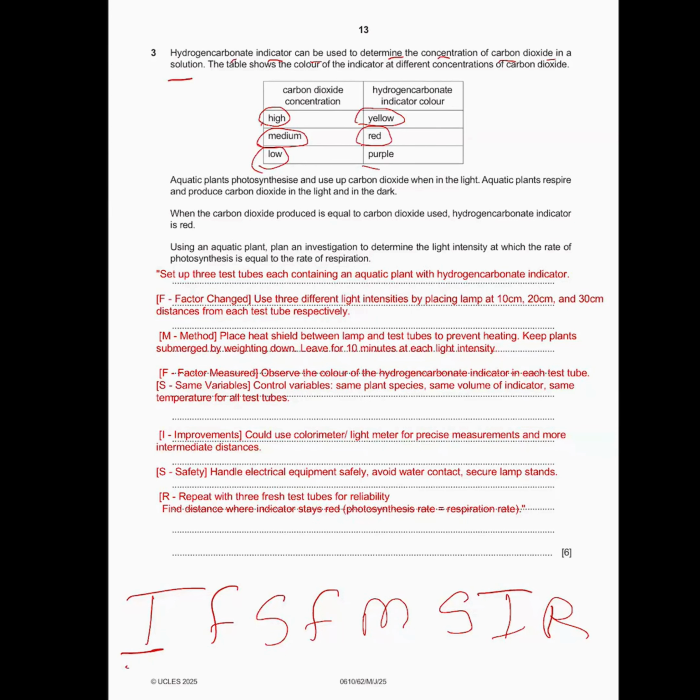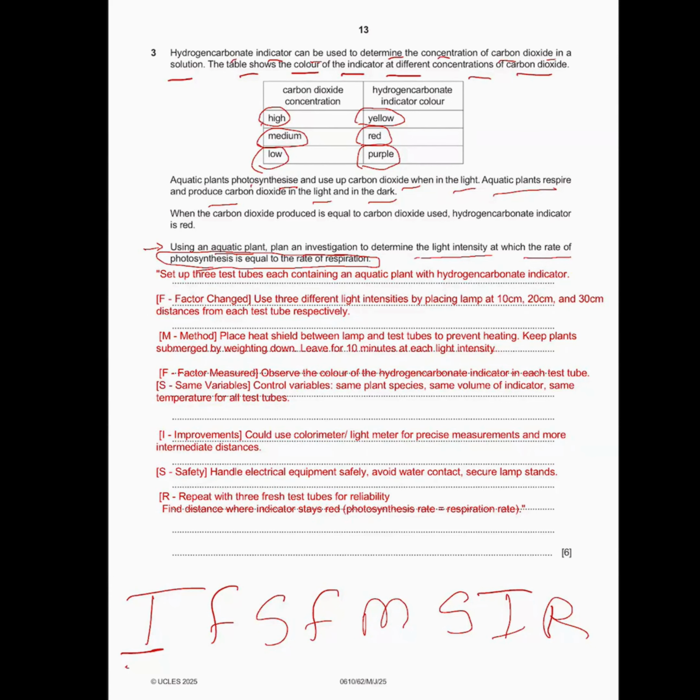If it is low, the color is purple. The table shows the color of the indicator at different concentrations of carbon dioxide. Aquatic plants photosynthesize and use up carbon dioxide when the light is there. Aquatic plants respire to produce carbon dioxide in the light and in the dark. We don't need all of these, we just need this one. Use an aquatic plant to plan an investigation to determine the light intensity at which the rate of photosynthesis is equal to the rate of respiration.